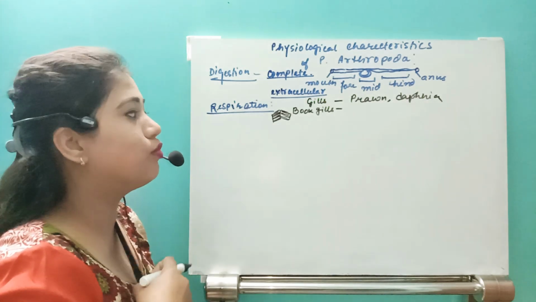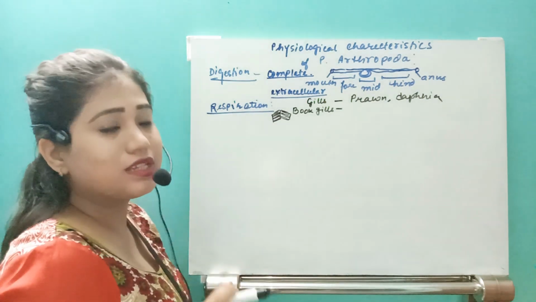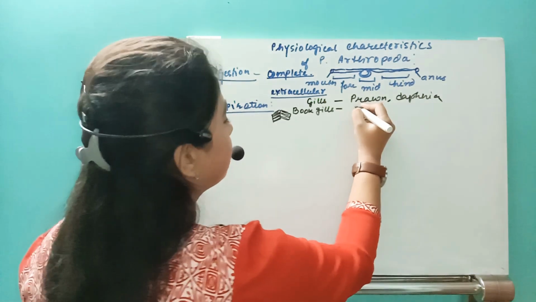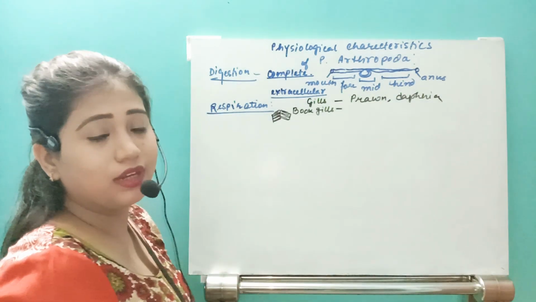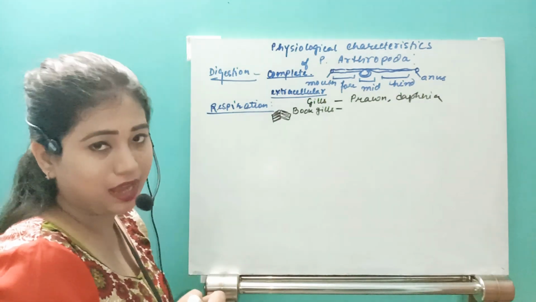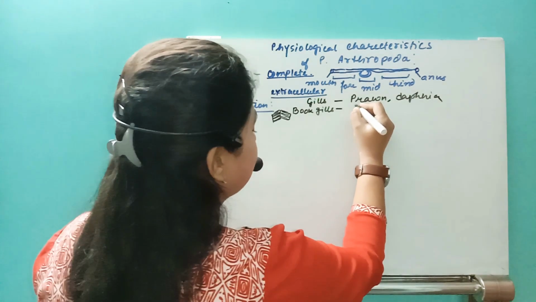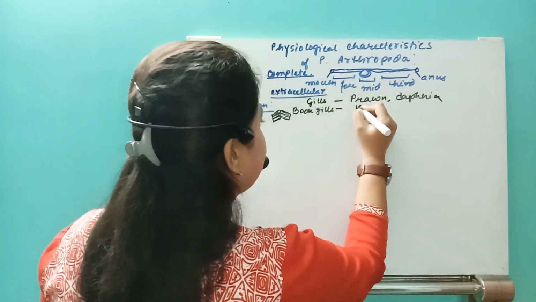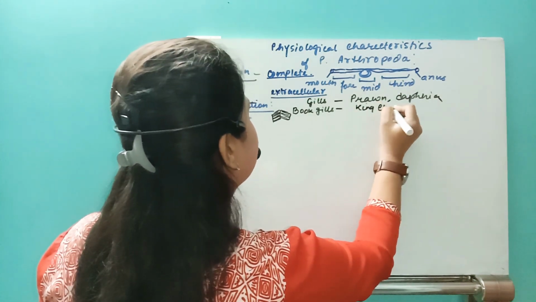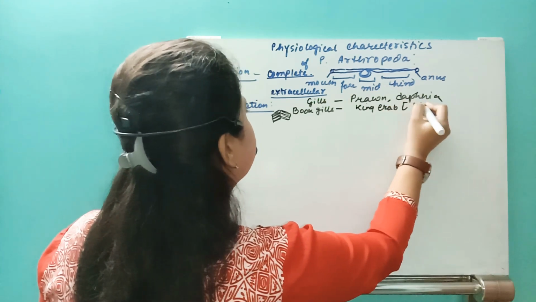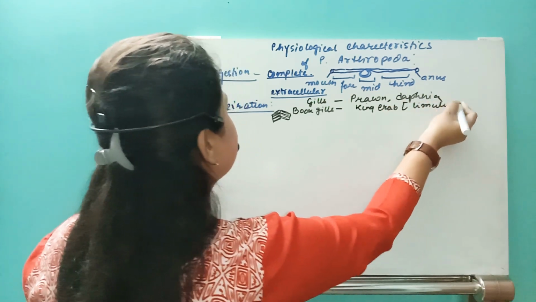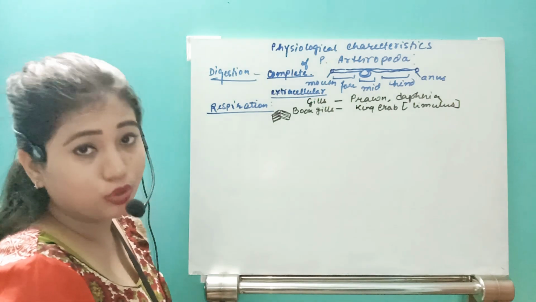So this is the book gills. This book gill is present in the living fossil. I told you about the living fossil in the last class. What is that? It is the king crab or Limulus. So in case of Limulus, these organisms have book gills.